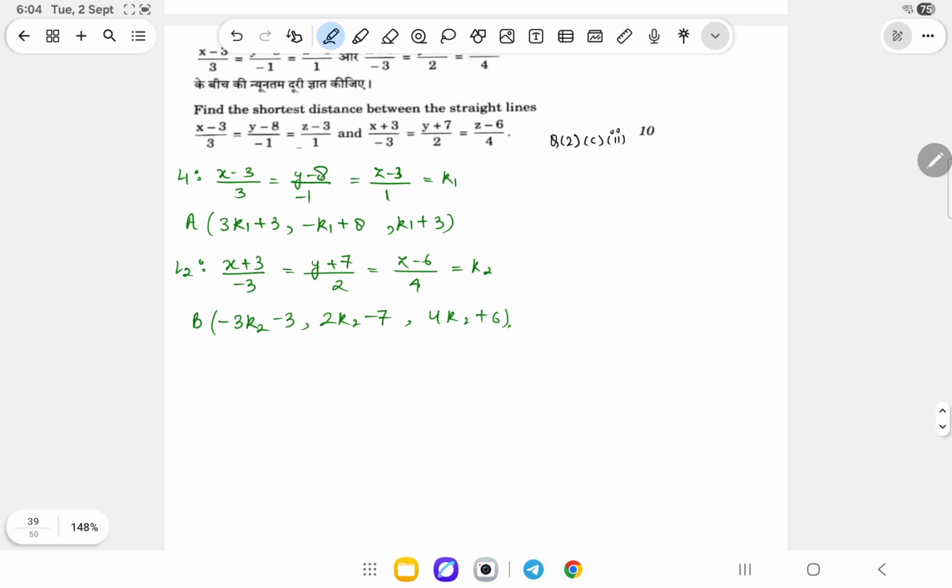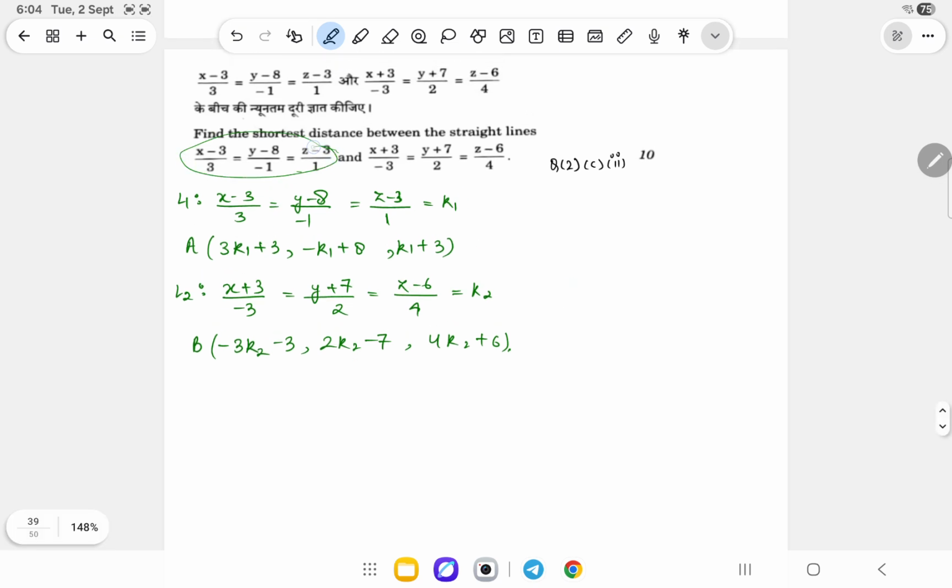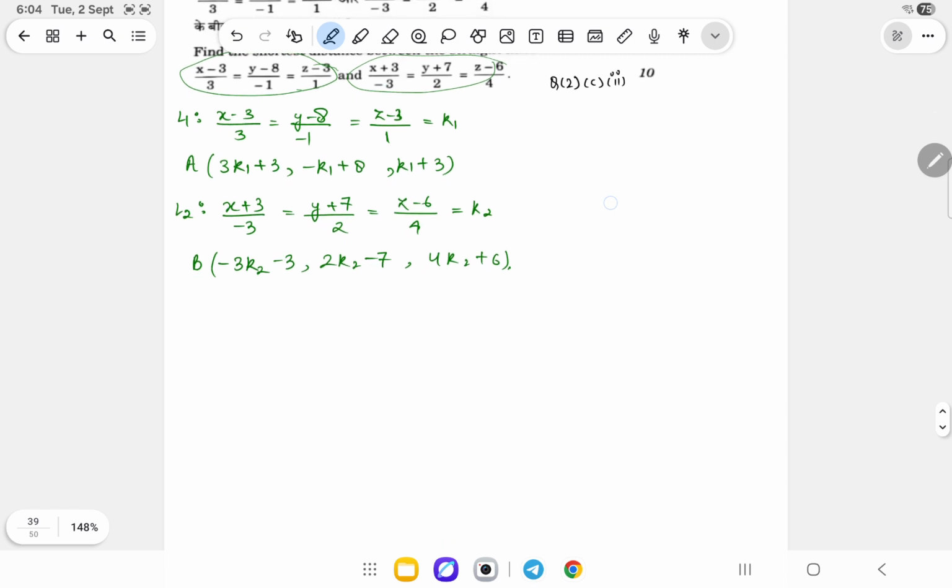So the shortest distance line will be basically perpendicular to both lines L1 and L2. So let's find out. Let AB be the shortest distance line.